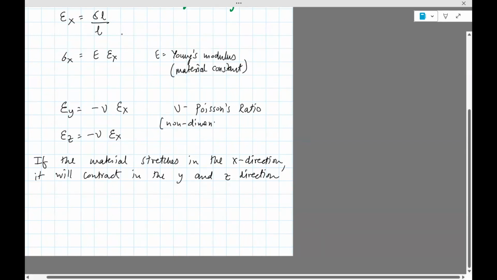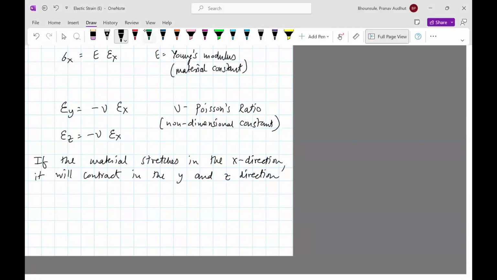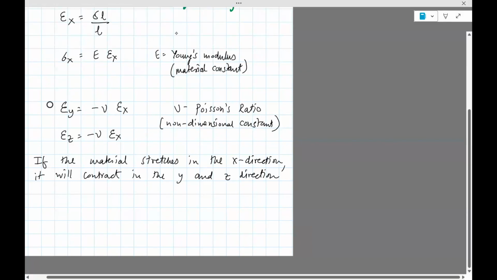Non-dimensional constant. So these are some of the expressions you need to know.